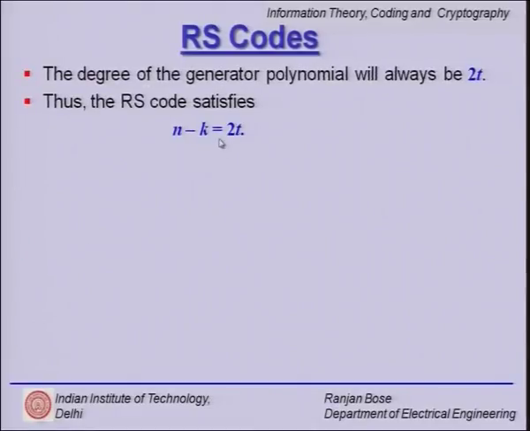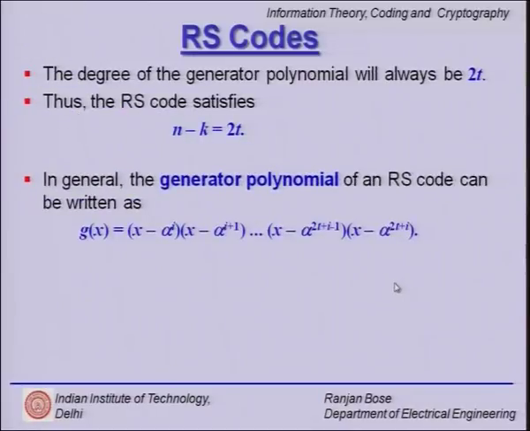We also know that for any BCH code, the degree of the polynomial g(x) is n minus k. Therefore, n minus k equals 2t, and in general we can also write g(x) as starting with x minus alpha raised to power i, not necessarily alpha raised to power 1. It can start from any i and go up to 2t plus i, and this will be the generator polynomial in general for an RS code.